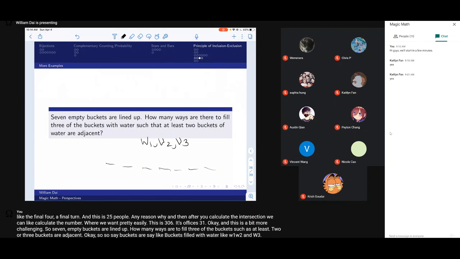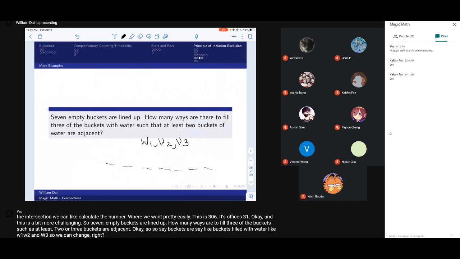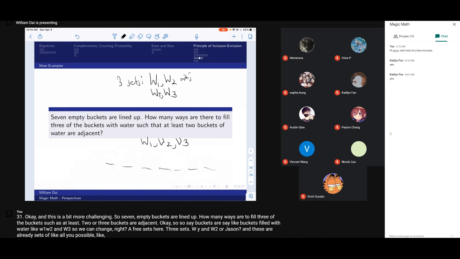So we can construct three sets here. W1 and W2 adjacent. These sets' elements are good arrangements in which these conditions are true.